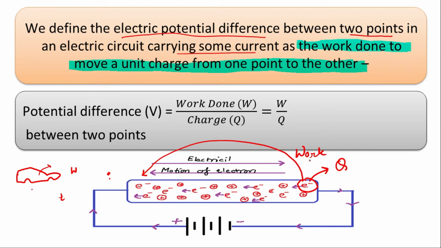To move this electron of charge Q, and that is known as the potential difference. We denote potential difference as V, and mathematically we define it as the work done required to move charge Q from one point to another is our potential difference V. Hence, it is clear to everyone.